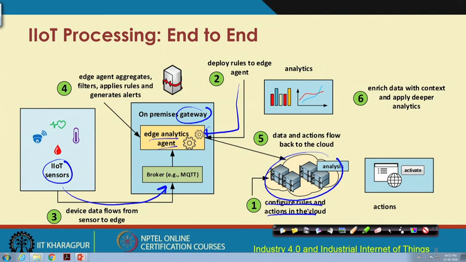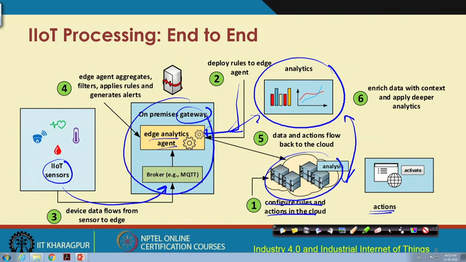And thereafter, the actual actions are going to be taken, and also it is important to analyze the data. Based on this analysis, the actions will be taken. This analysis of the data will have to be performed mostly at the cloud, but partly this analytics could also be done at the edge, that means the gateway device.